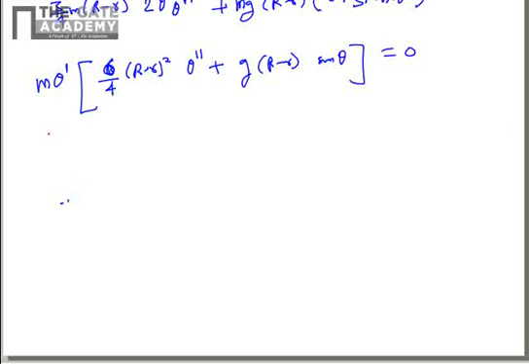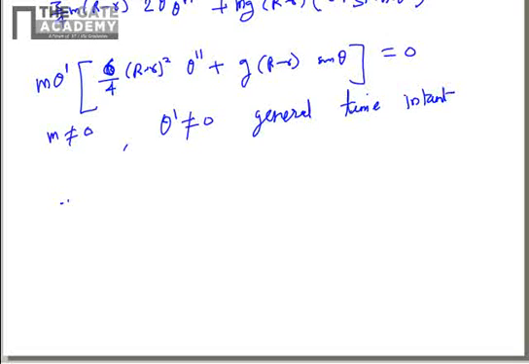Now you know that m can't be 0, the mass of this object can't be 0, and the velocity also can't be 0, because we have considered a general time instance. We are not deriving only for the extreme position, and θ', the velocity, is 0 only at the extreme position. So θ' also cannot be 0, we are deriving for a general position. So this quantity inside the bracket should be equal to 0.